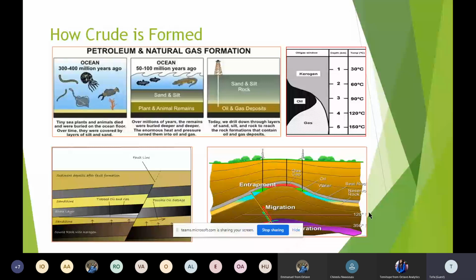It is simply animal and plant matter deposited and covered by some elements of the subsurface, sand, rocks, and other things, under conditions of very high pressure and temperature, and then allowed to cook over thousands and millions of years, and then it forms what we know today to be oil and gas.